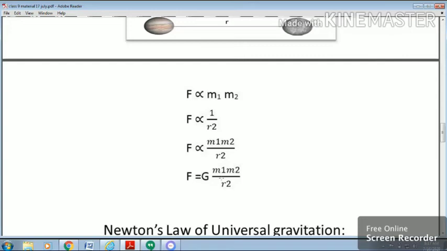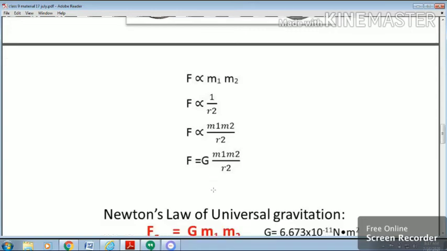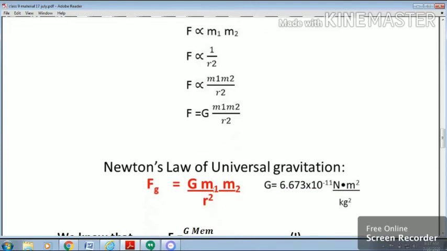Its value is fixed: 6.67 into 10 to the power minus 11 Newton meter square per kg square. So this statement converted to this formula, that is F is equal to G m1 into m2 by r square. From this formula we have to calculate so many numericals.